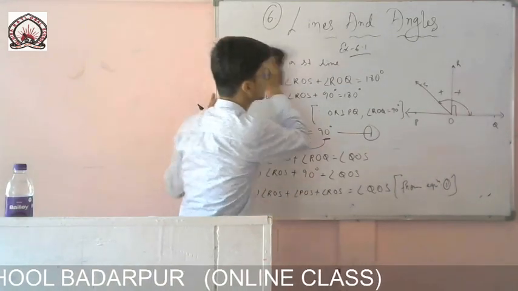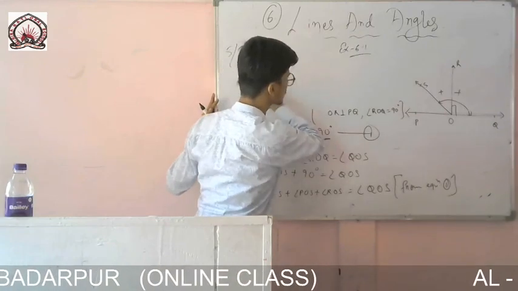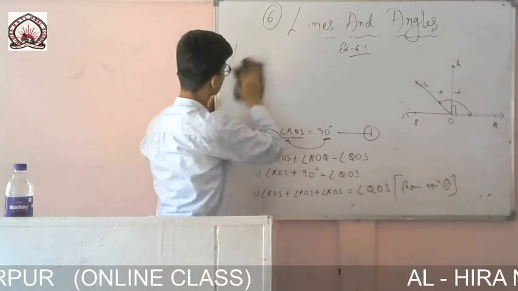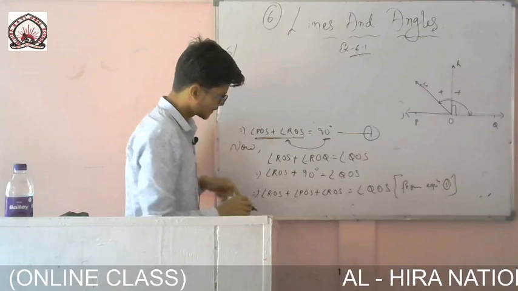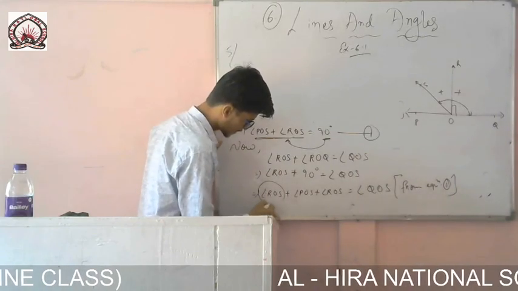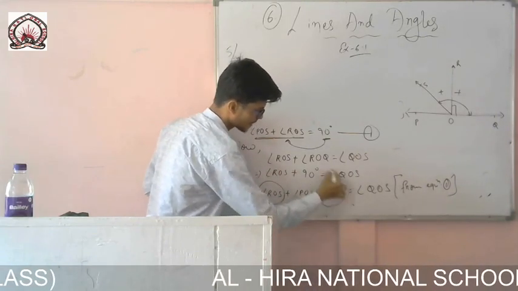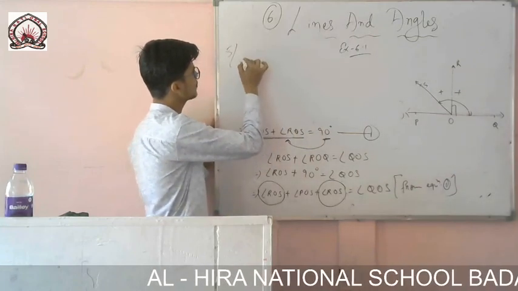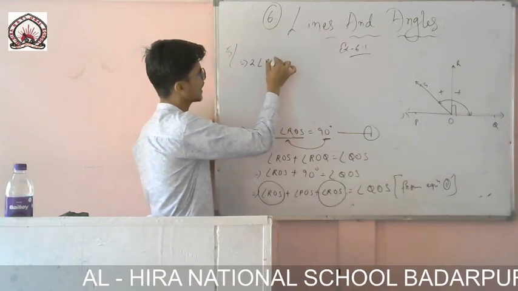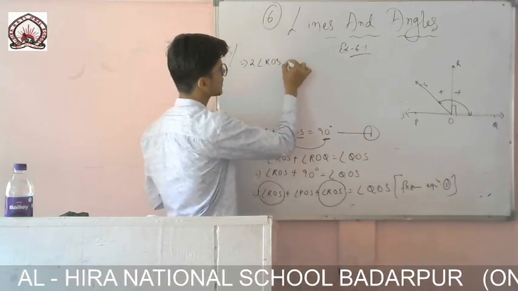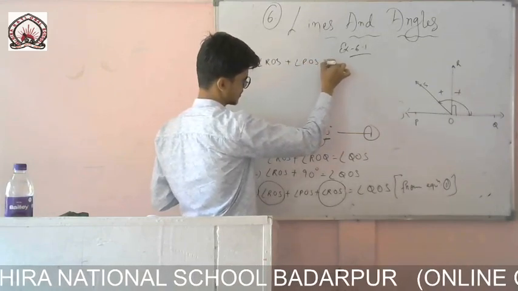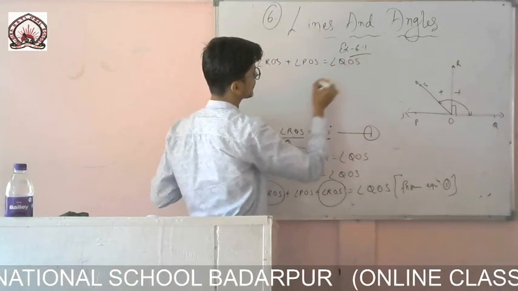I am erasing this part, only two lines left. There also ROS is there. There also ROS is there. So ROS plus ROS, it will be twice angle ROS plus angle POS is equal to angle QOS.